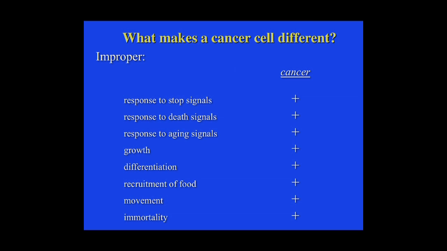So when all that works properly, you have a nice, proper structure that can do what it's supposed to do. But when some of those signals become damaged, which is what happens in cancer cells, then you have this ugly response that is not what's supposed to be. So cancer cells have an improper response to stop signals, so they can keep growing when they're not supposed to.